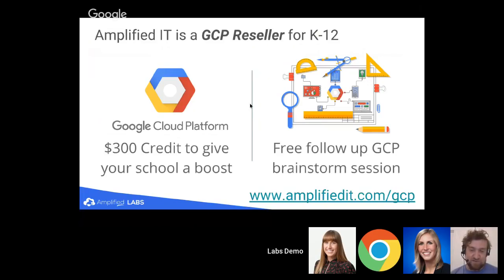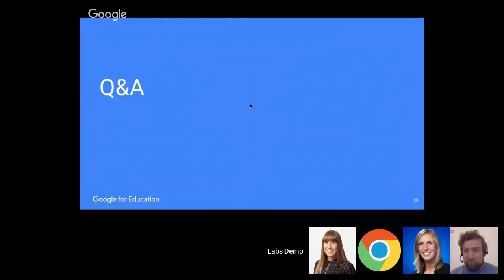Basically, you're prepaying for a certain amount of Google Cloud Platform credit, and we take care of that. We monitor it, and you pay us by purchase order. So that's an option. There's a link here if you're interested in getting in touch with us about setting up that GCP billing so you can get going with BigQuery. With that said, looks like I'm ending just about in the nick of time. Let's see if there are any questions.